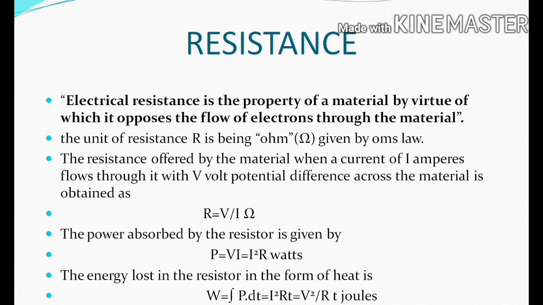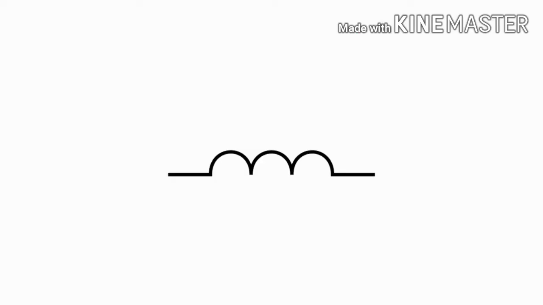The energy dissipated in the resistor in the form of heat is W equals integral of P dt, which equals Pt, or I square Rt, or V square by R into t. These are the power and energy equations of the basic parameter resistor.